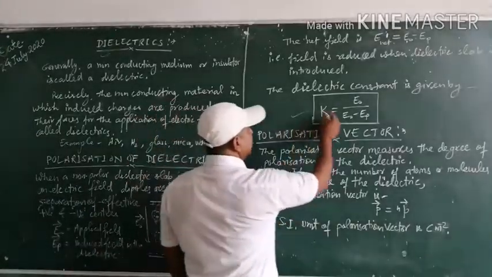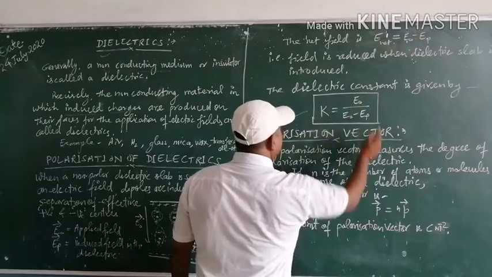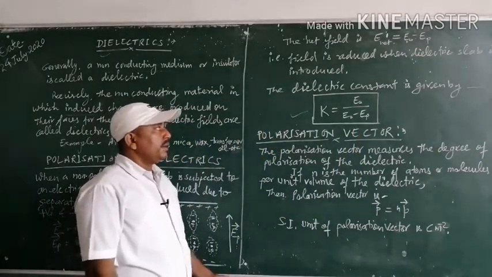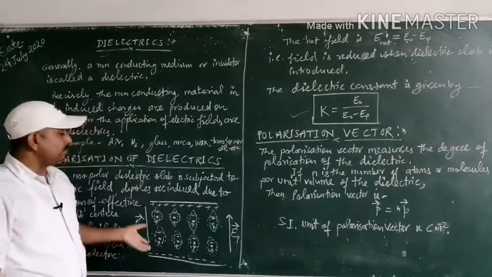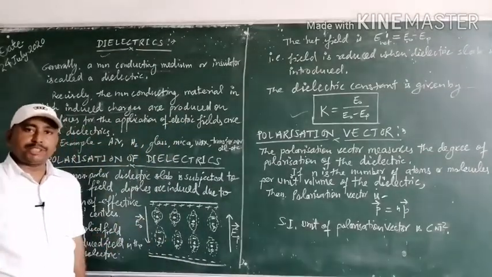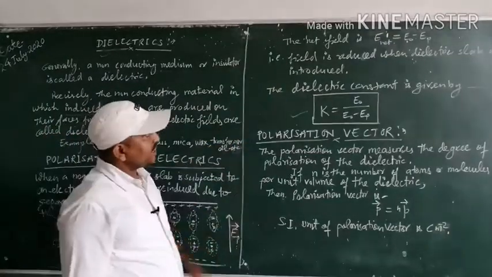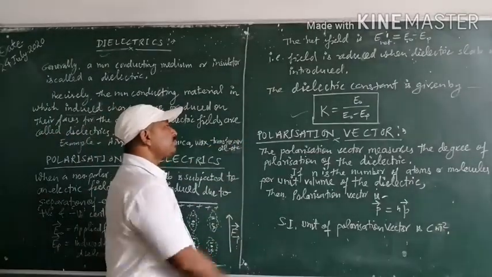It can be expressed as E naught upon E naught minus EP. This is a simple formula by which we can easily find the relative permittivity of the dielectric slab, or the dielectric constant of the dielectric slab.